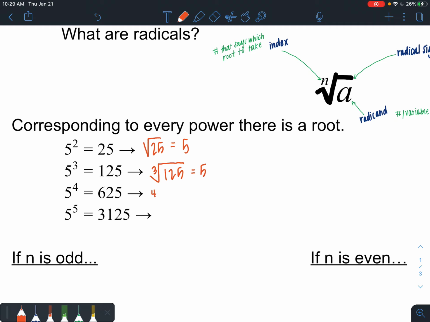A fourth root undoes a fourth power, and a fifth root undoes a fifth power. Okay, so if there is no symbol on the outside, it's an invisible 2.